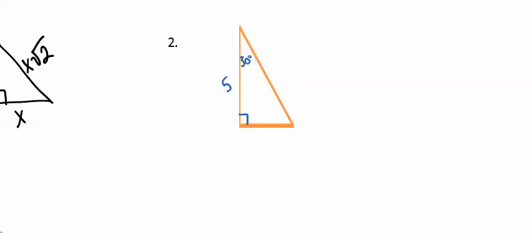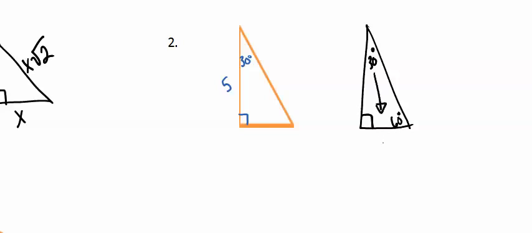In this diagram, we can see that this will be a 30, 60, 90 triangle. And the 30, 60, 90, the side opposite the 30 is going to be x. The side opposite the 90 degrees, the hypotenuse will be 2x. And opposite the 60 will be x square root of 3.